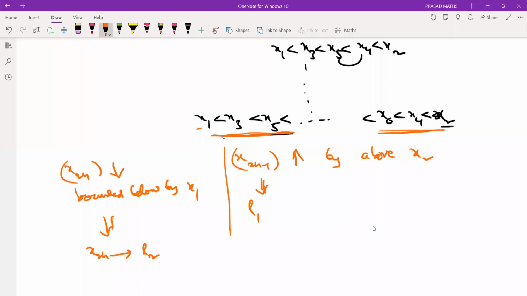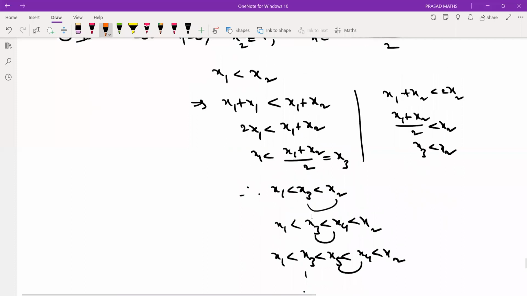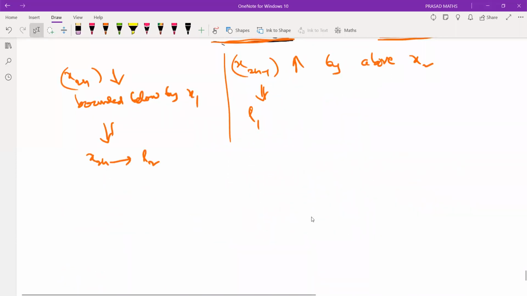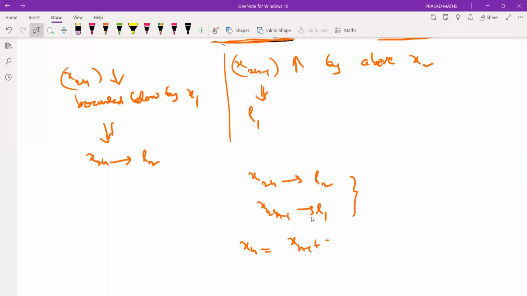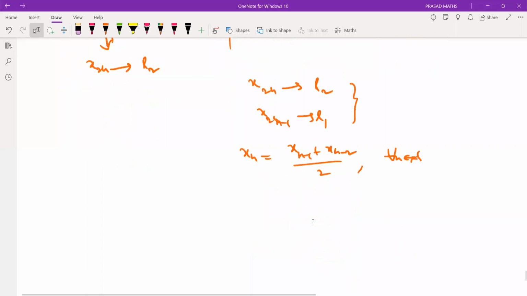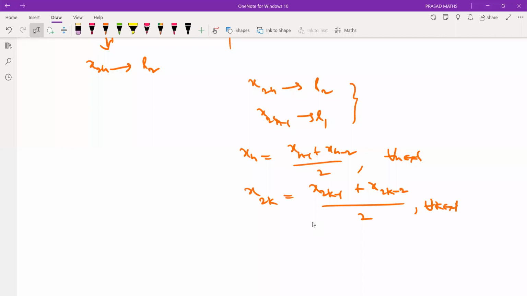Some L2. The question asked whether it is convergent or divergent, and what the limit is. So the odd sequence converges to L1 and the even sequence converges to L2. The given sequence is xn equals xn-1 plus xn-2 by 2 for every n. Now put n equals 2k. Letting k tend to infinity, the limit is: odd sequence L1, even sequence L2.